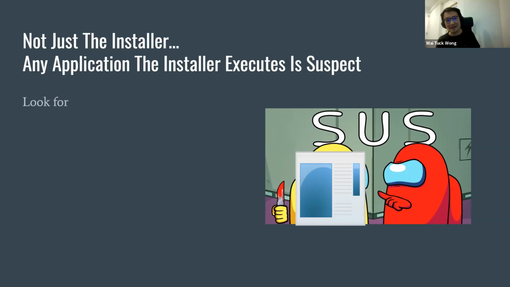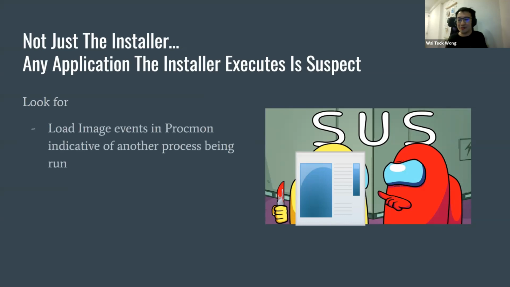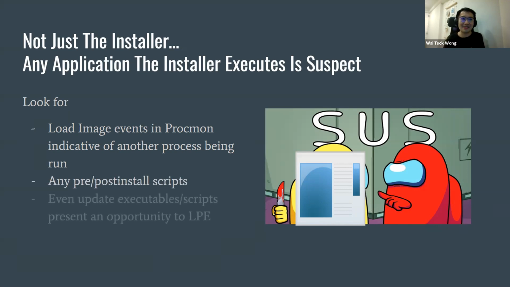So things to look out for are, for example, if you use Process Monitor, you can look for Load Image events, and that's indicative of another process being loaded by the installer. Another thing to look out for is any kind of scripts that are run before or after the installation. This is very common in macOS systems, for example.